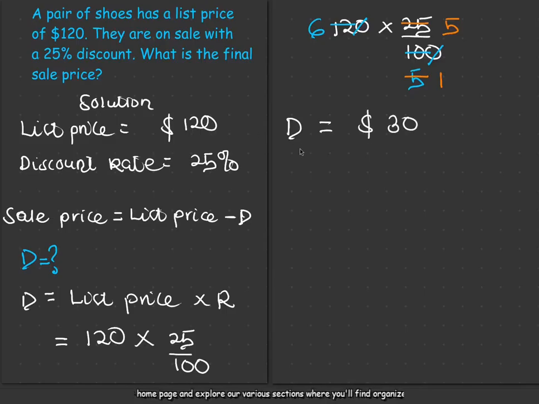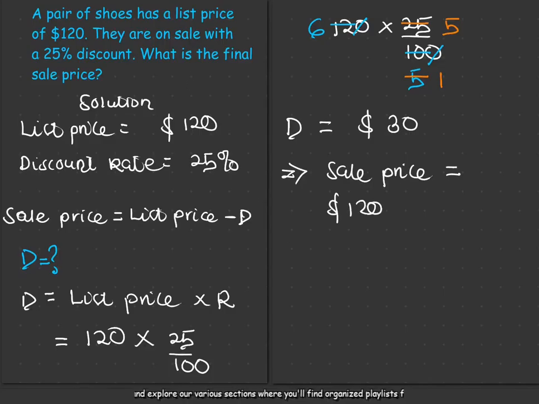But the question was to find the final sale price, and we have written here that the final sale price is the list price taking out the discount. So this simply implies that our sale price is equal to the list price, which is 120, minus your $30.